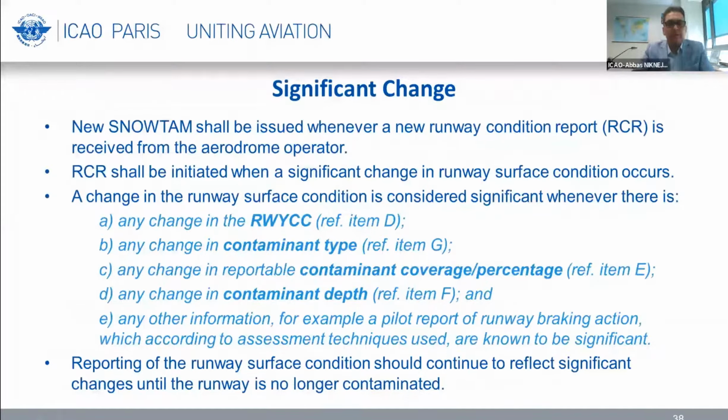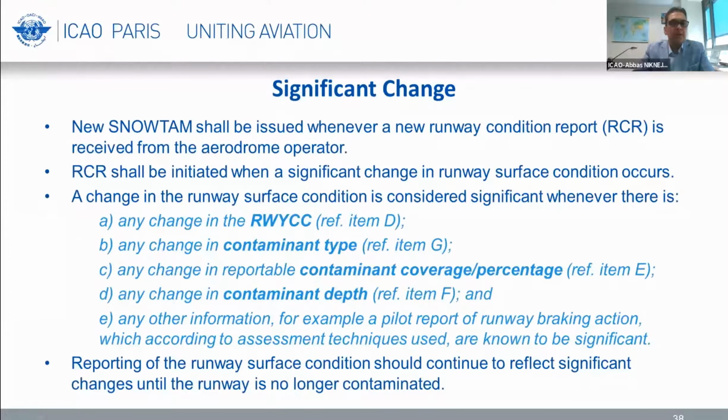And also significant change will be a determinant to continue issuing RCR by aerodrome operator and Snowtam. As AIS unit, Snowtam office, we issue a new Snowtam once we receive a new RCR from the aerodrome operator, and aerodrome operators must initiate RCR once a significant change occurs on the runway or in the airport.